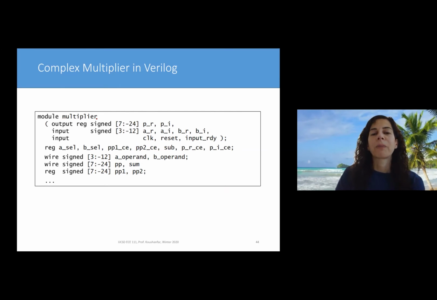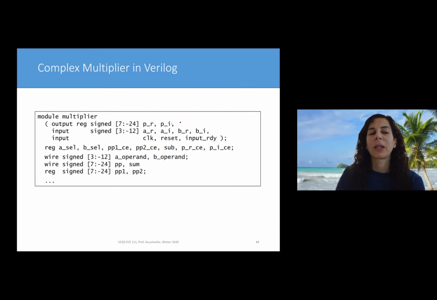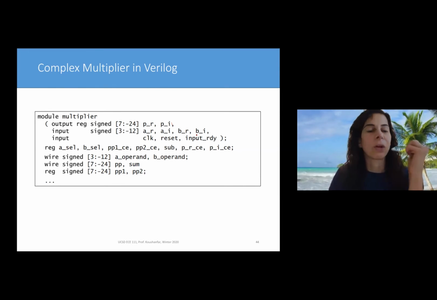I have the real and imaginary part for the partial products that are stored in these multipliers. And then I have the inputs that are the real and imaginary part of AI/BI. As you see here, the length of this is half of the length of this because it's the multiply of these two. And then I have, of course, this clock signal and the input ready, which tells me if the input is ready for doing these operations, because the data path may not be active all the time.